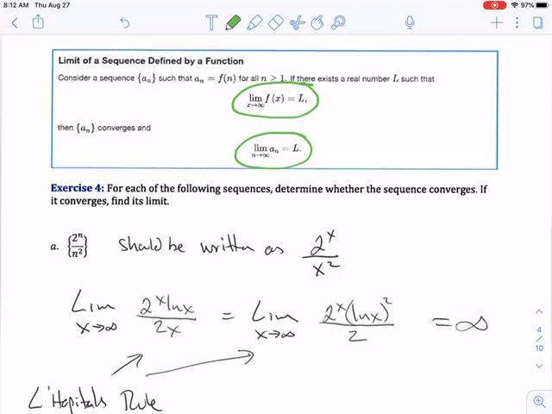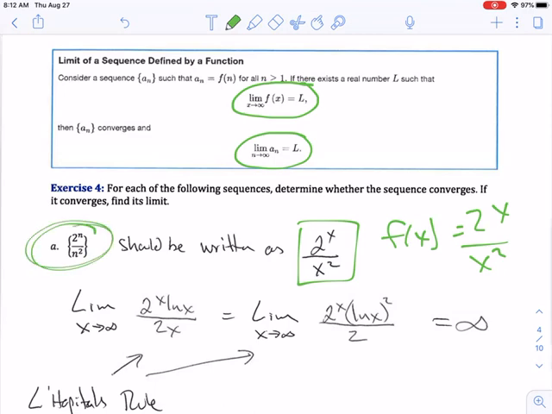If I write 2 to the x over x squared, that's a function. f of x is equal to 2 to the x over x squared is a function, but this with the n's is a sequence. That's the only difference. But we can find the limit of them exactly the same way.